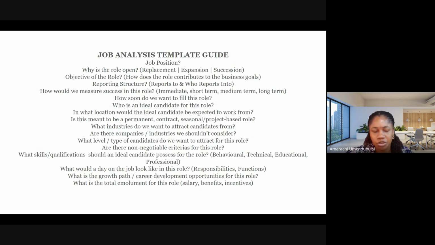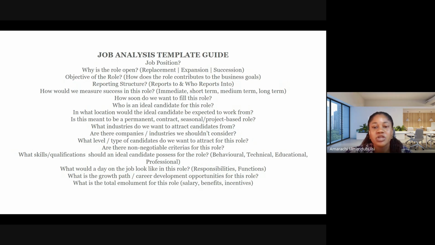Now, reporting structure. You want to know who the role will be reporting to. You also want to know who will be reporting into the role. Again, this is important because this will also help you be able to assess the leadership capacity of potential candidates for the role.